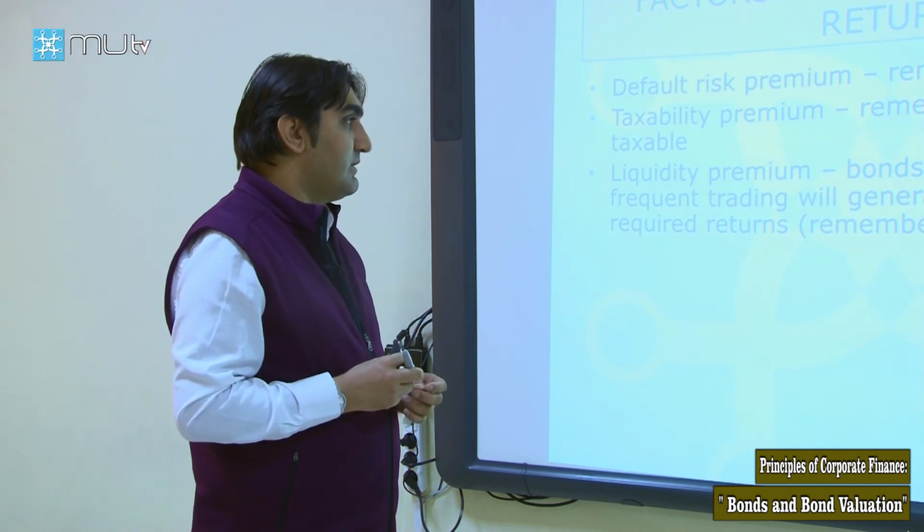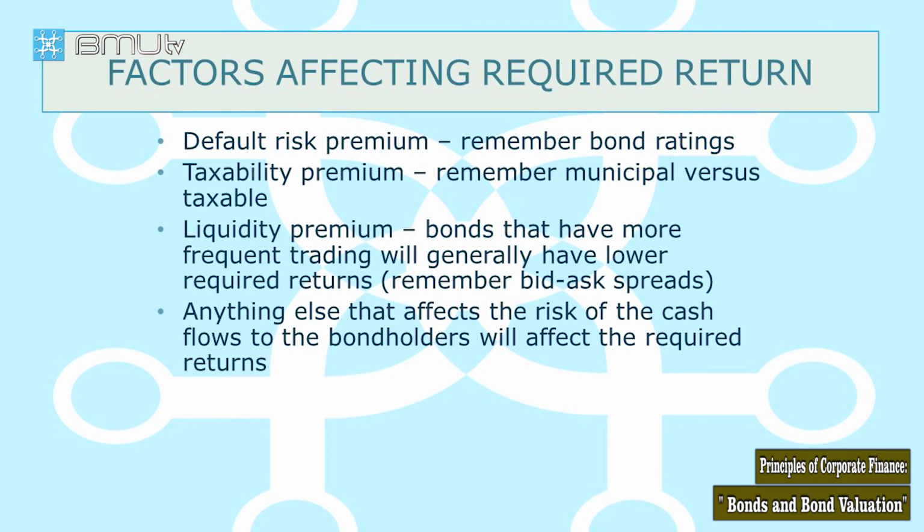And the liquidity premium: bonds that have more frequent trading will generally have lower required returns. So if they are highly liquid, they will have lower required returns. Anything else that affects the risk of the cash flows to the bondholders will affect the required returns.